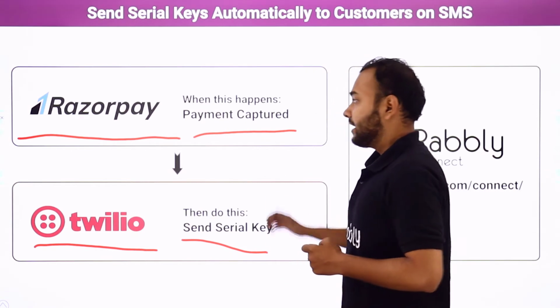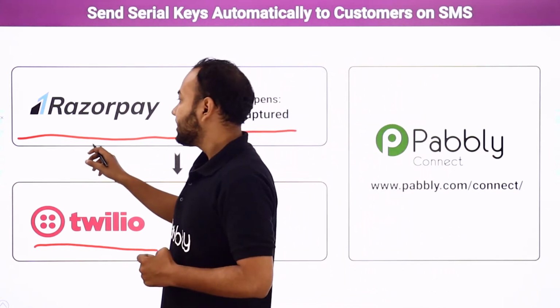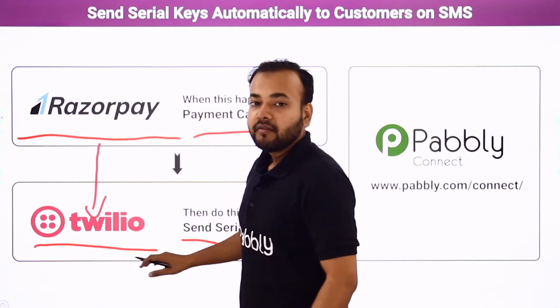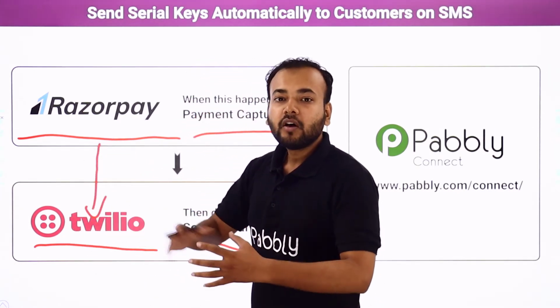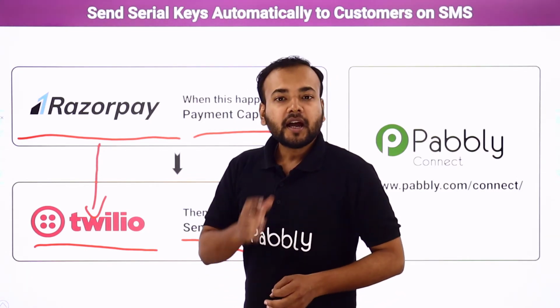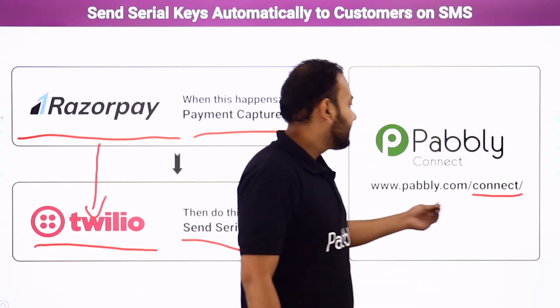What if I tell you that as and when you receive a payment for your software here in Razorpay, an SMS will get automatically delivered via Twilio to the customers along with your serial key. Yes guys, this can happen, and to make this happen I am using a software here called Pabbly Connect.